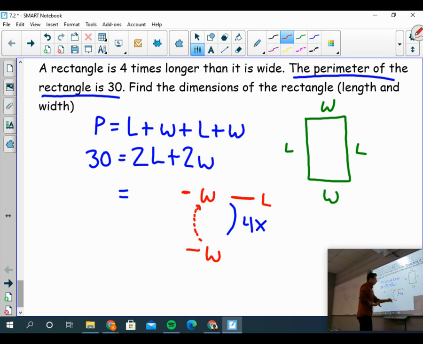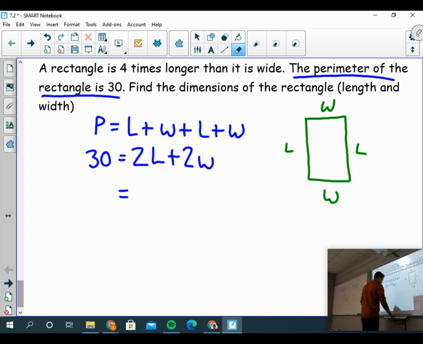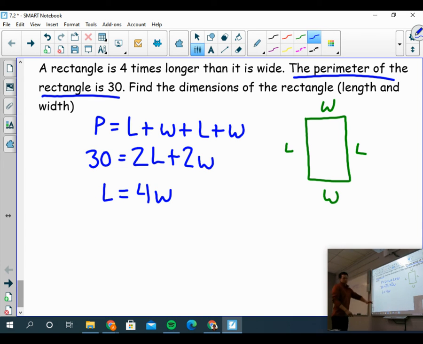Let's look at how we cover that difference. If the length is 4 times as big as the width, then for the width and the length to be equal, I need to multiply the width by 4. So how do I write that in equation format? L equals 4W.